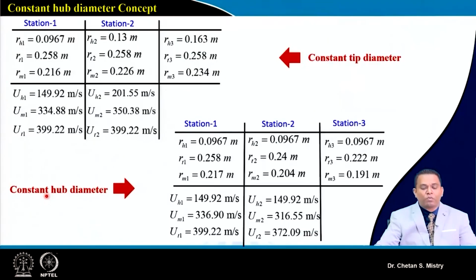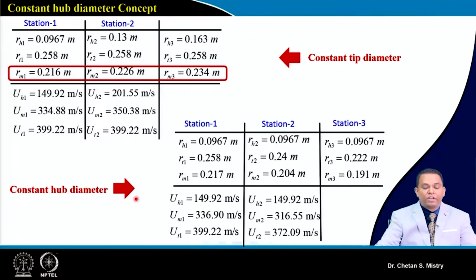Let's look at what all the changes are. Suppose this is with our constant tip diameter, for which we have done our calculation and design, and these are stations 1, 2 and 3 for constant hub diameter. Let's compare what exactly the change will be, because this change will be reflected in our design.